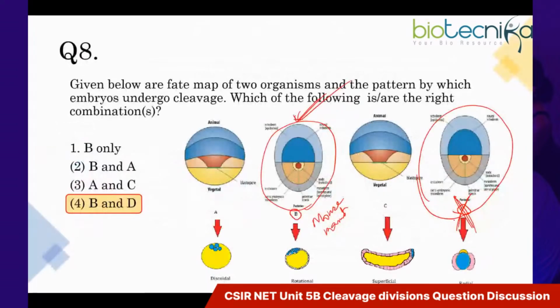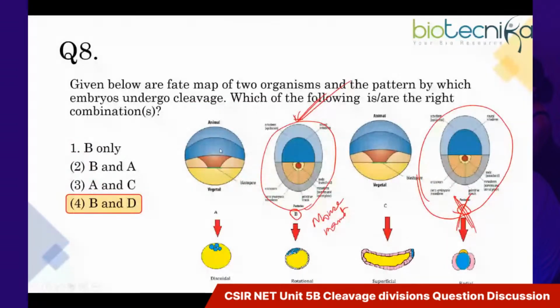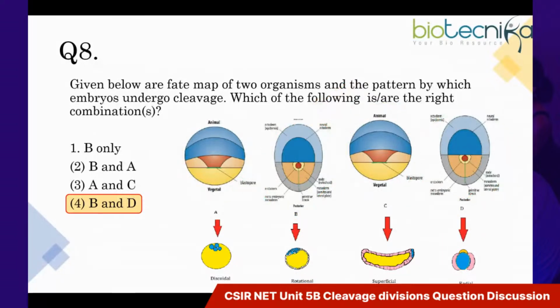And then the other diagram, as you can see, it is for frog. So you can see it is similar to that of frogs. Now frogs, they will undergo what type of division? So you have diagram A and you have diagram C. Frogs undergo what type of division?